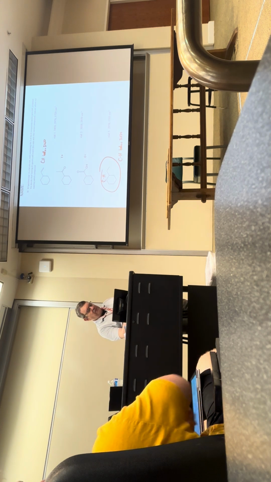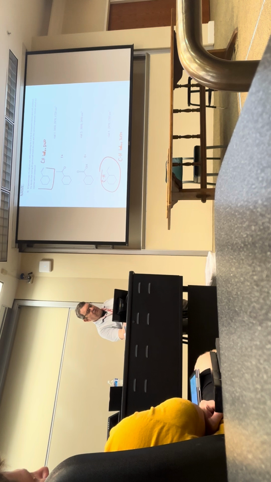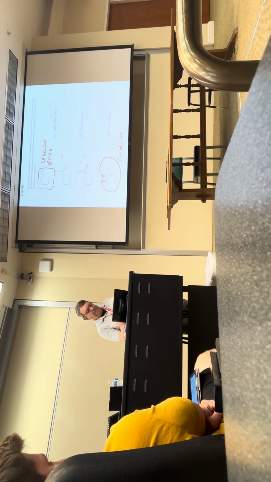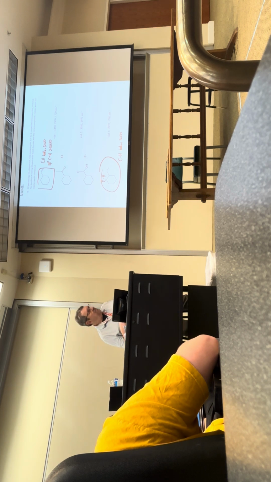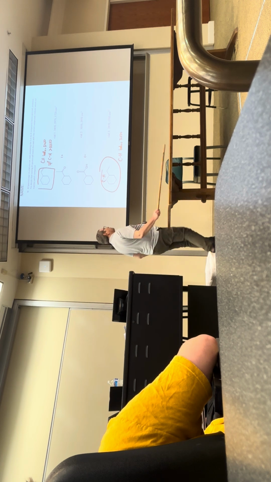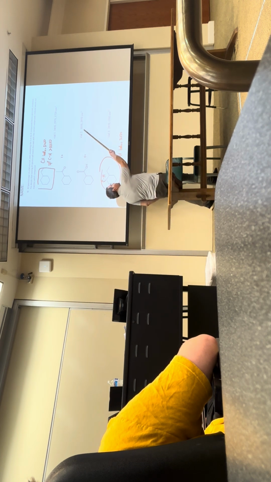The one that's different is this top structure. You do have an sp2 carbon with a CH, and you would expect that this would be just above 3000, maybe 3050, say.